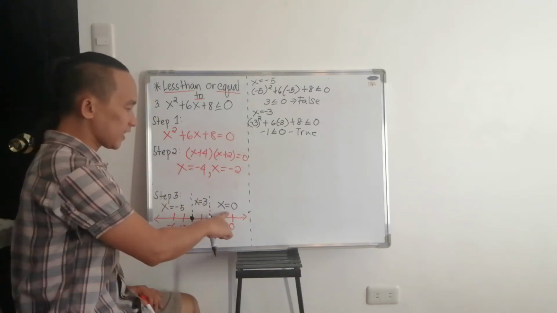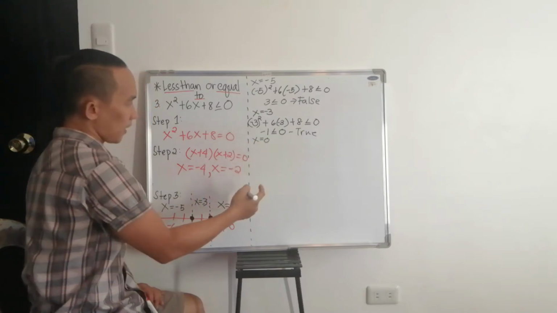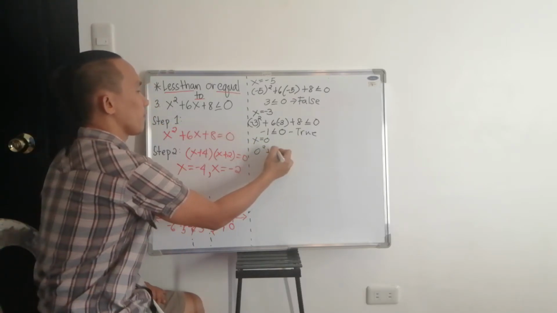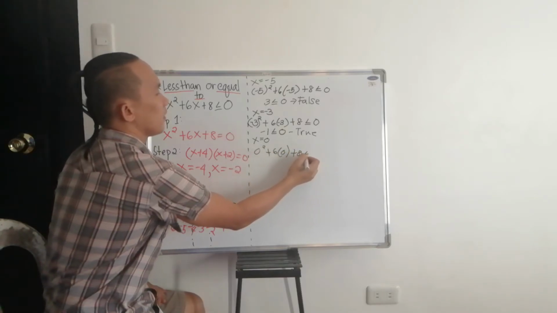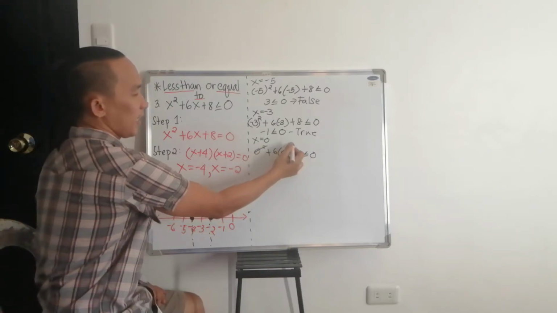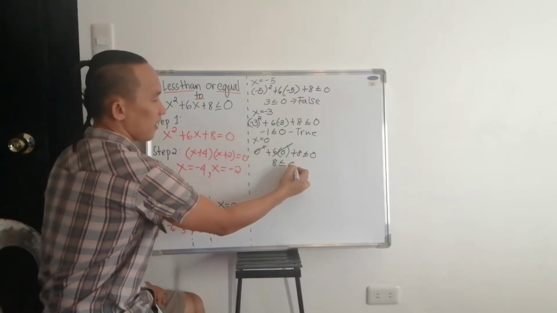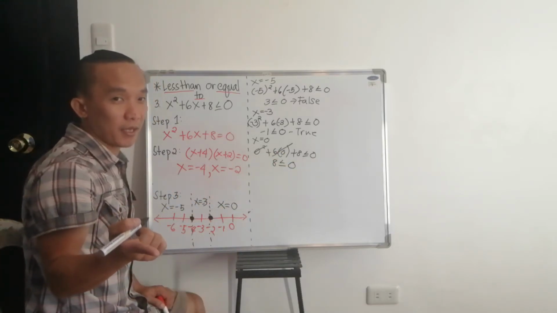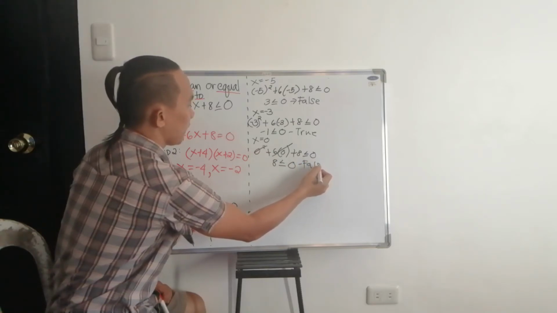And lastly, let us try if x equals 0 will be a true or a false statement. So everything will become 0, so cancel. What will remain is 8 less than or equal to 0. Is this a true or a false statement? Obviously, this is a false statement.